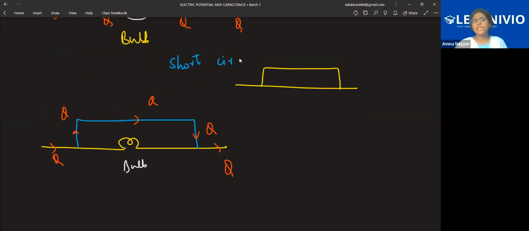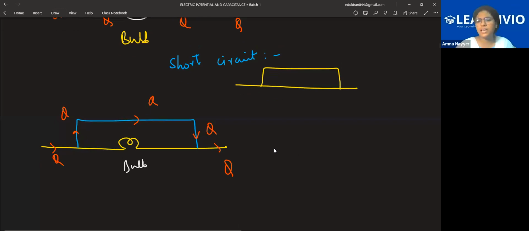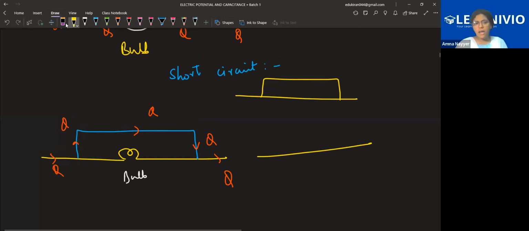So class, when the bulb is not glowing, we can say that instead of having this bulb and this entire setup, I can just have this one simple straight wire. I can replace everything with a single wire. The function is the same.